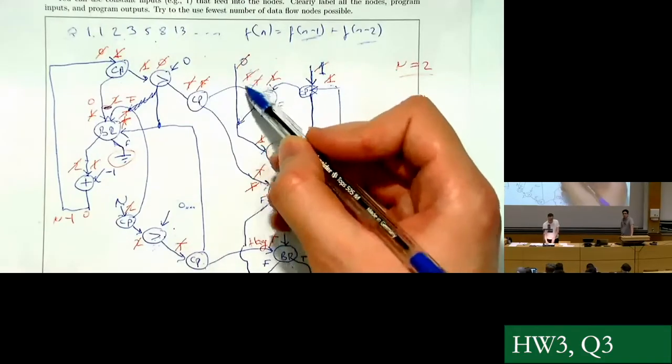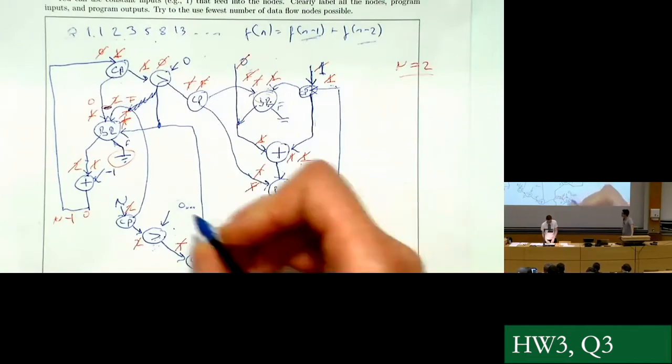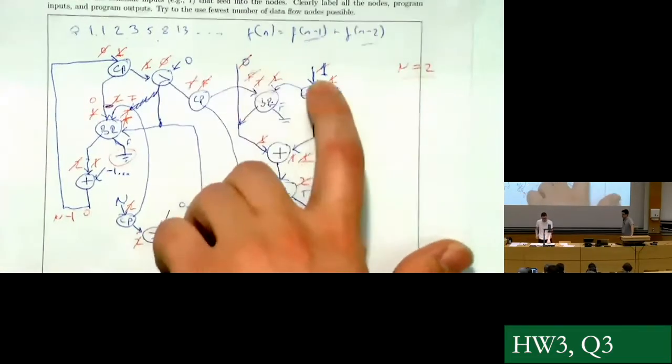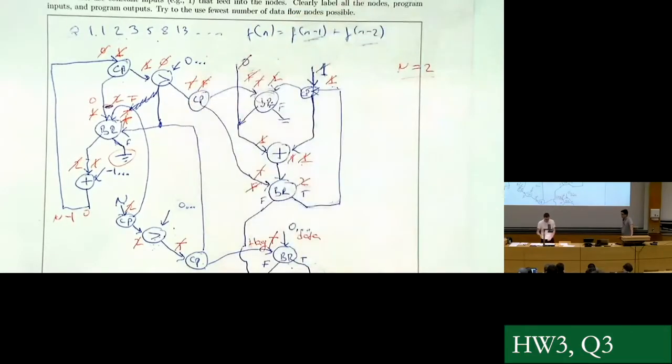But those are just one-time values that are generated only once when you initialize your data flow engine. Same here, and same here, -1. So those are all streams, but those are initial values, this 0 and this 1. So this is also a stream. I guess we need to make the notation more clear. Okay, I think we'll continue with other questions.